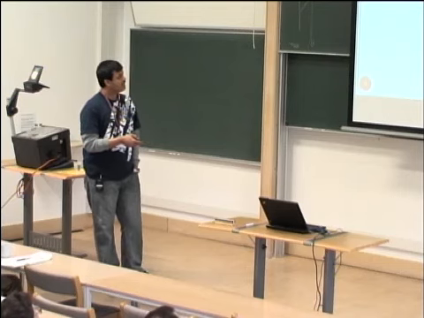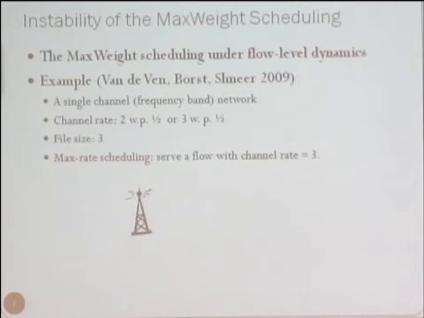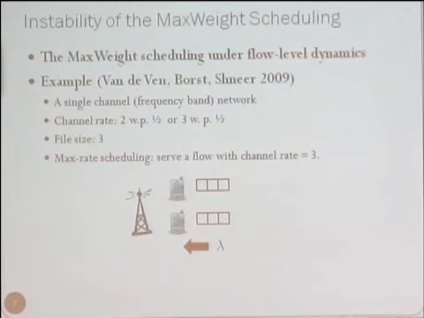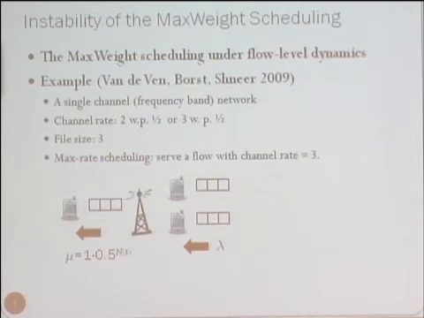On the other hand, let's say we use a different algorithm. We say that we'll serve a flow only if its channel rate is 3. If you can serve 3 packets, you serve the flow. Otherwise, you don't serve the flow. Then what happens is, let's say the arrival rate is lambda. If the number of users in the system becomes large, then there's going to be somebody in the system who can be served at rate 3.